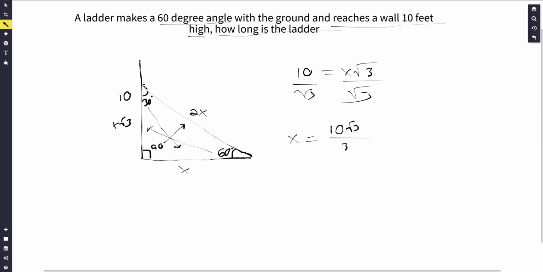We know that this whole thing right here is the ladder. So what we have to do is plug this x value that we found into this part right here. All we do is 2 times this value, and that gives us 20 root 3 over 3.